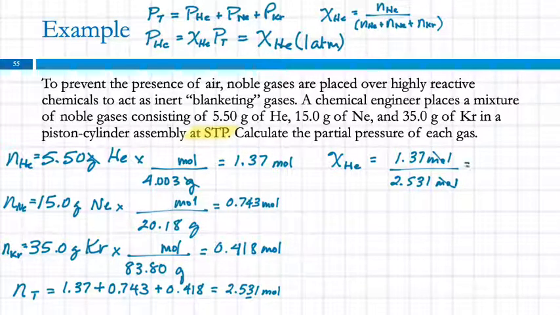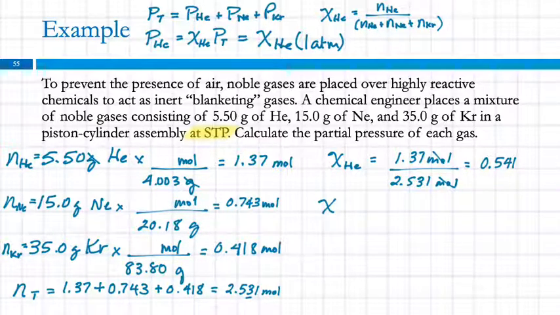And the moles cancel out. So 1.37 divided by 2.531, 0.541. There's no units on a fraction. There's no units on a percentage other than percent. So that's the mole fraction.